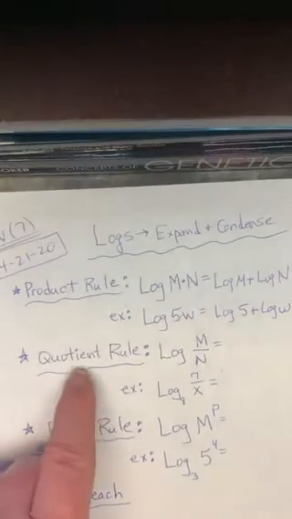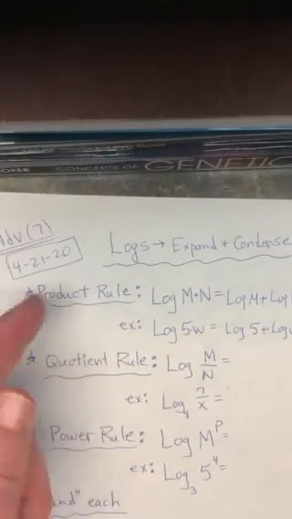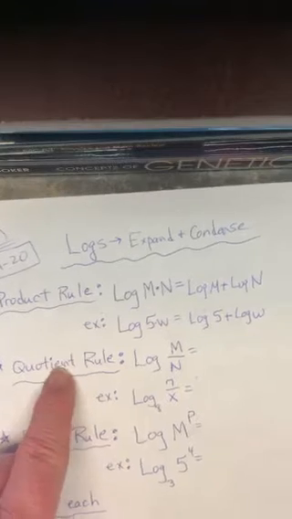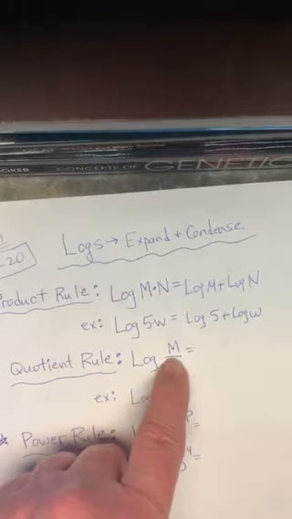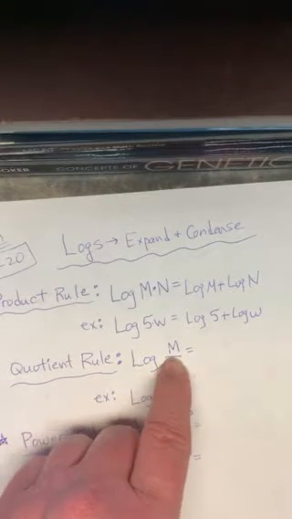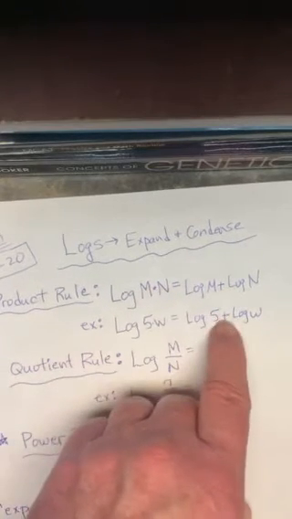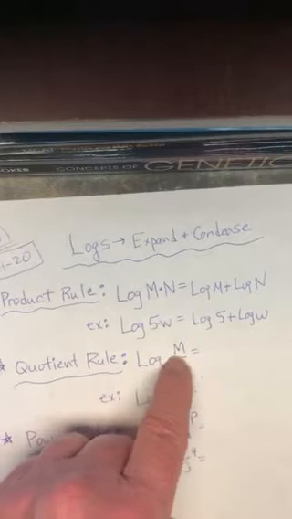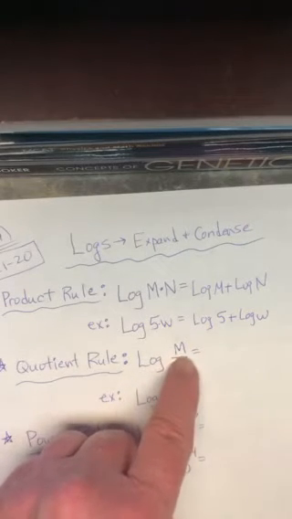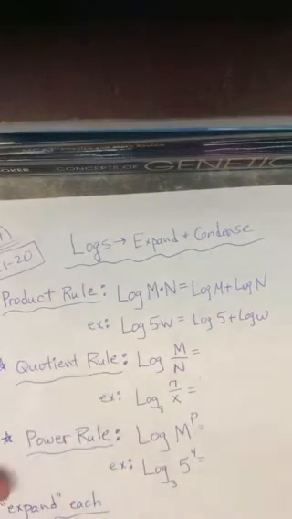Okay? Well, the quotient rule. Obviously, product was a times sign. Quotient is a division sign. If you had to make a prediction here, on a product problem, we turned it into a plus. So I'm betting on a division problem, right, with a fraction bar, we're probably going to turn it into a minus. Agreed?